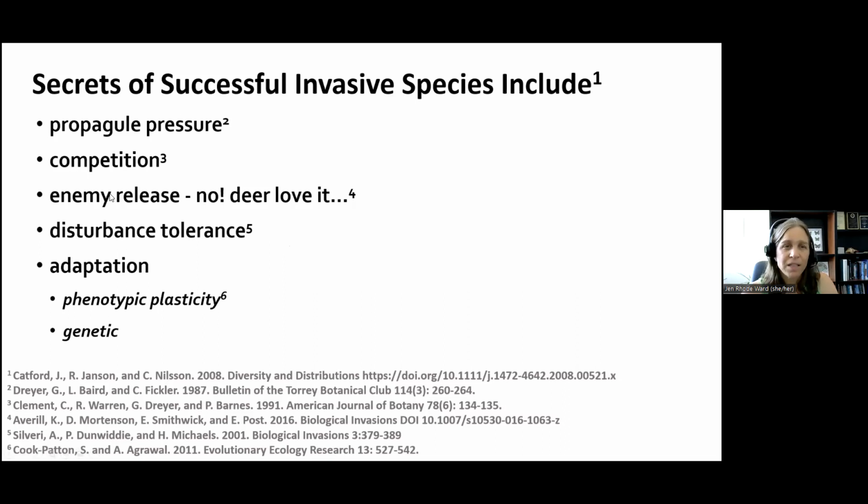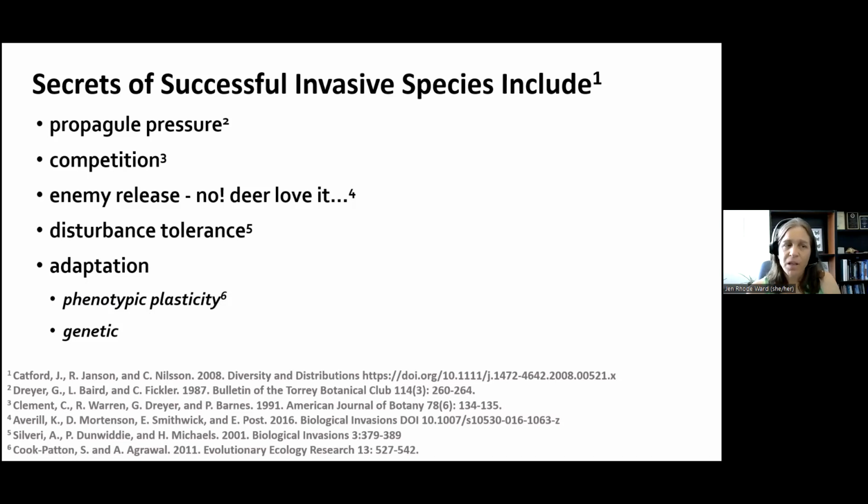Things that have been less explored in Asian bittersweet include adaptation. So is Asian bittersweet phenotypically plastic? That is, can it respond differently to different light levels? Can it stay short if there's not a lot of light? Can it conserve its energy and get taller, wind around a tree when there's a light opportunity?